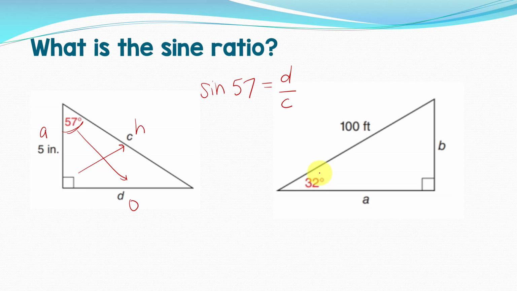For this one, 32, this is the opposite side, this is the hypotenuse, and this is the adjacent side. The sine of 32 is opposite b over hypotenuse 100.